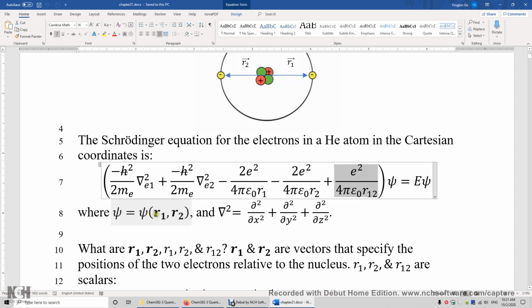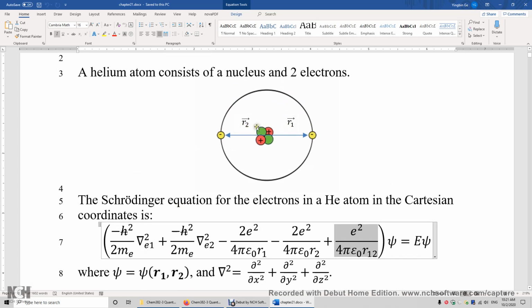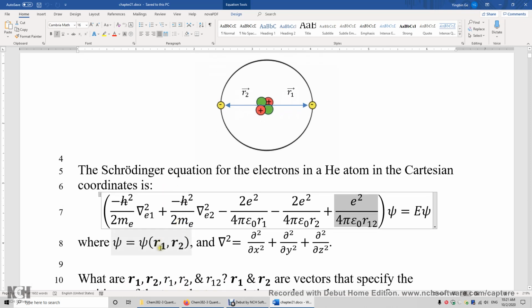So psi is a function of R1 and R2. R1 and R2 are two vectors. It's just more convenient for me to use bold font instead of putting arrows on top of R1 and R2. So this R1 is this R1 vector, this R2 is this R2 vector. And now this Laplacian operator is the sum of these three second derivatives in terms of x, y, and z.